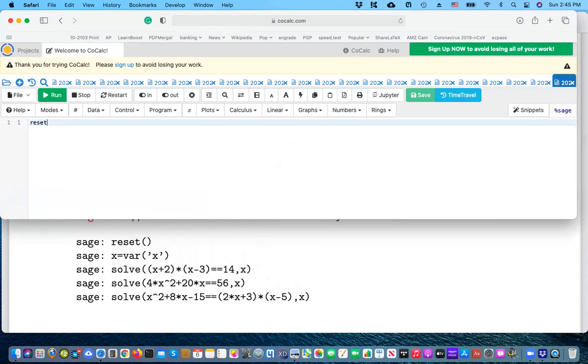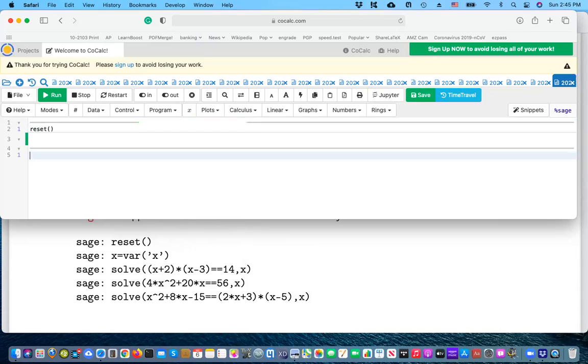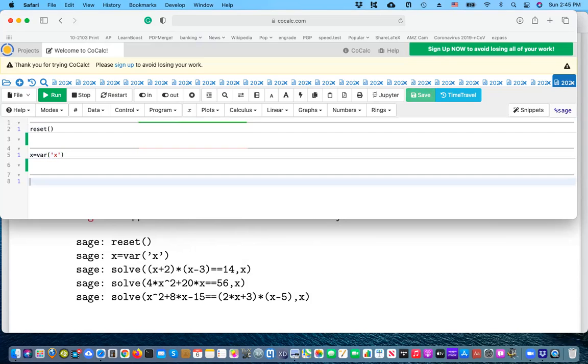First thing is reset. Remember, I have to hit the shift button, and then the return. Then x equals a variable, and that variable's name is x. Okay. Then I'm going to say solve an equation. The equation I want to solve is x plus 2 times x minus 3.